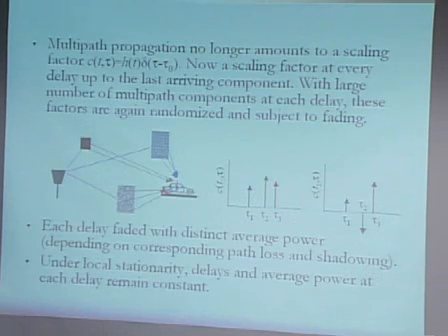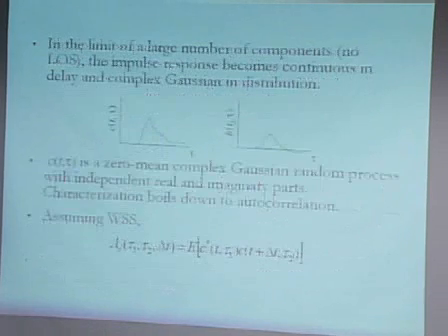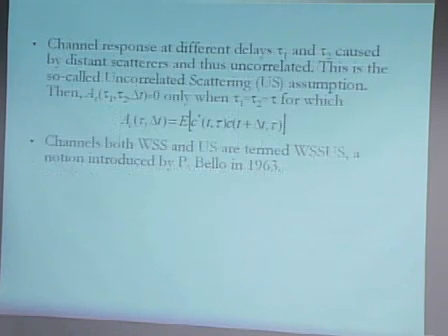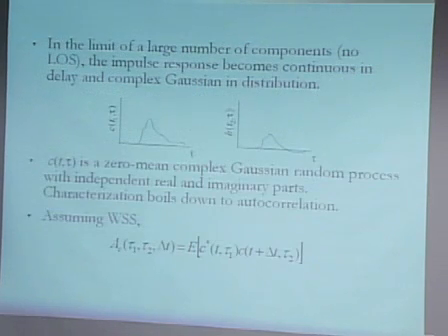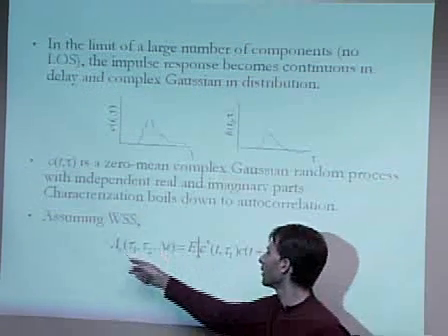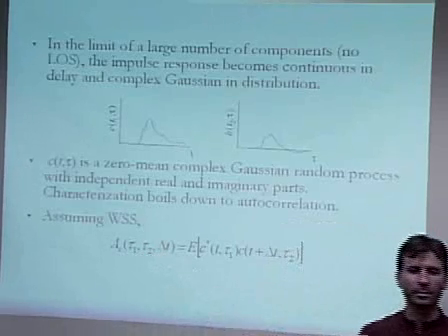And so what happens over here has nothing to do with what happens over here. And that's actually the case. So luckily for us, whenever tau 1 and tau 2 are different, there is no correlation, and so the autocorrelation is 0. This is 0 whenever tau 1 and tau 2 are different.